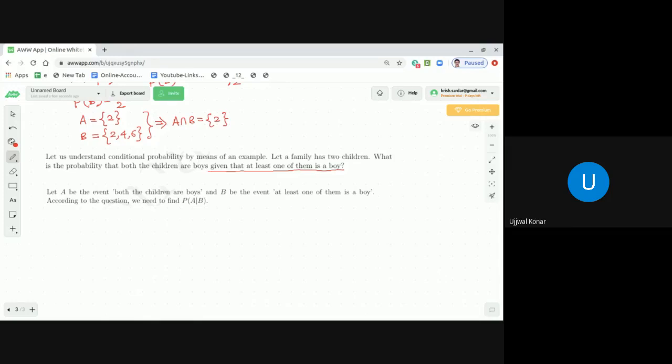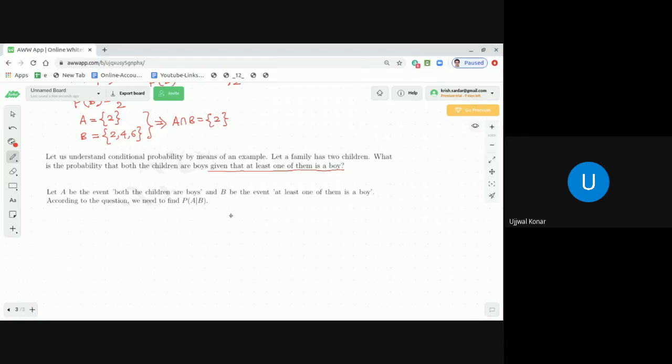Then what do we need to find according to the question? We need to find the probability of A given B. That means the probability that both the children are boys, subject to the condition that at least one of them is a boy. Exactly, probability of A given B represents the problem statement. Now, what is the formula?